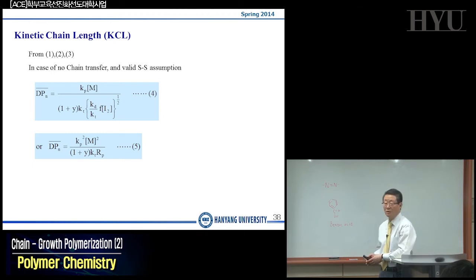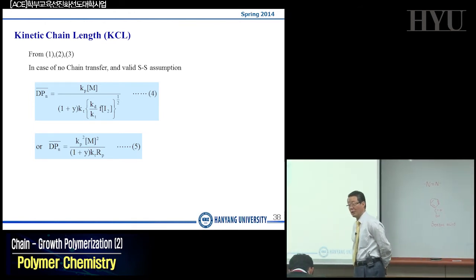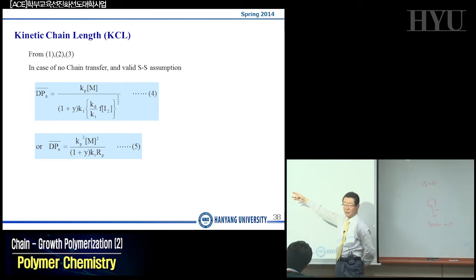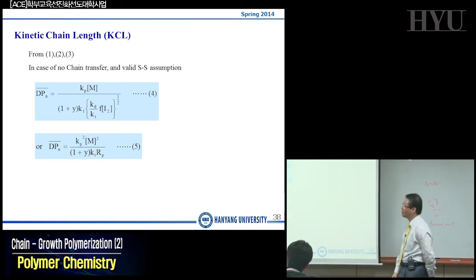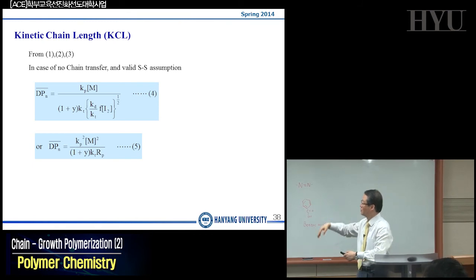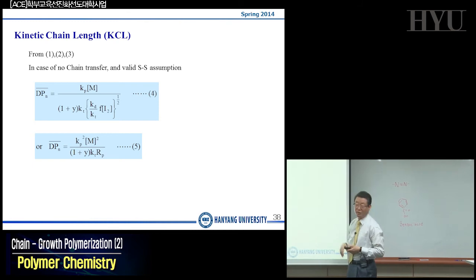Equation number 4 is the equation that you can use to calculate the degree of polymerization with a known monomer concentration and initiator concentration and the rate constants of decomposition, termination, and propagation, with even the initiator efficiency factor. Right? So equation number 4 is very important.